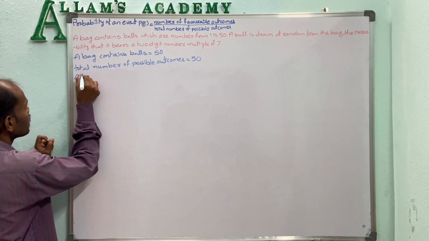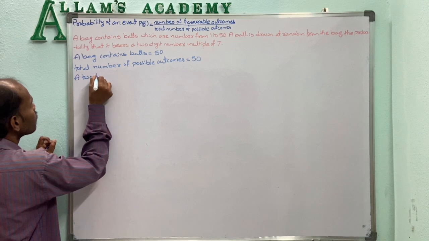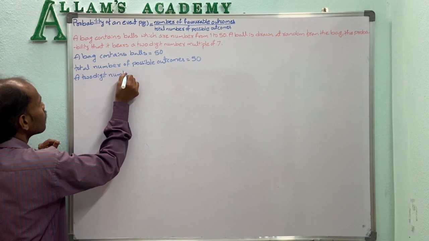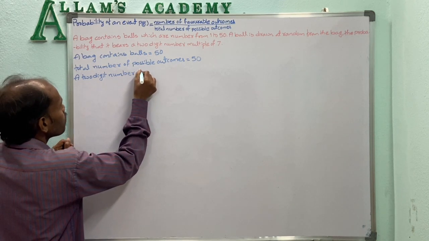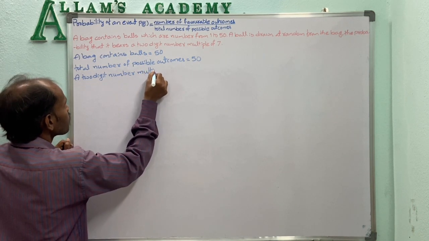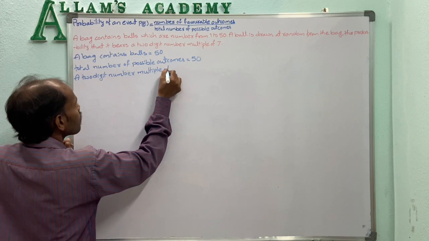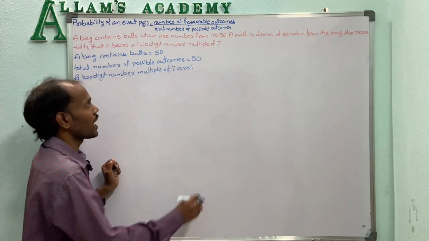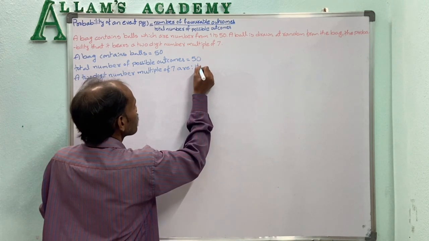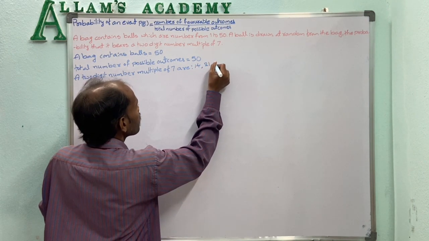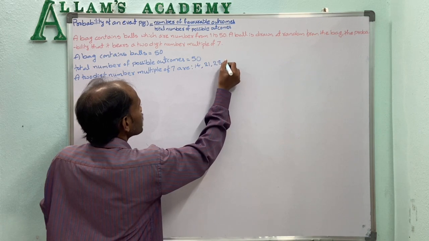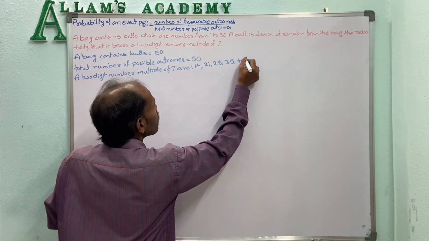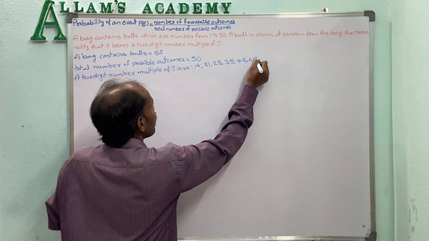The 2-digit multiples of 7 are, starting from 14, 21, 28, 35, 42, 49.